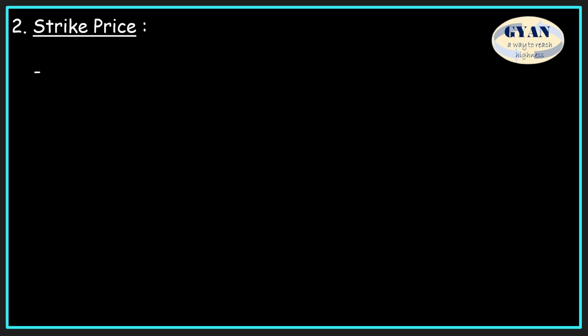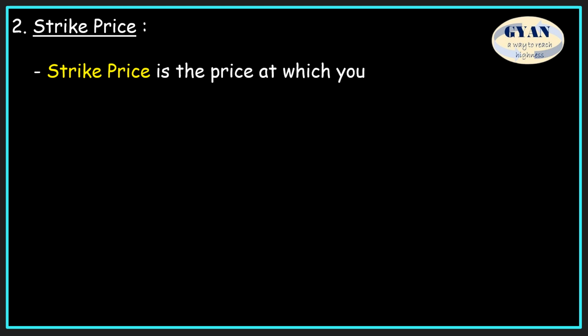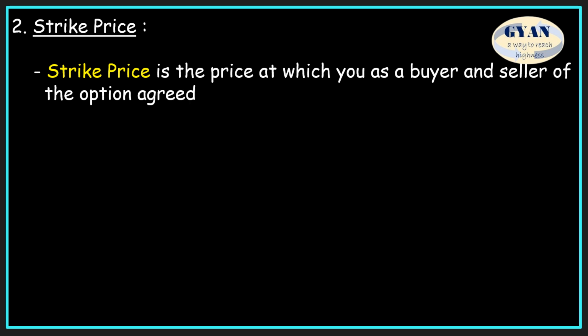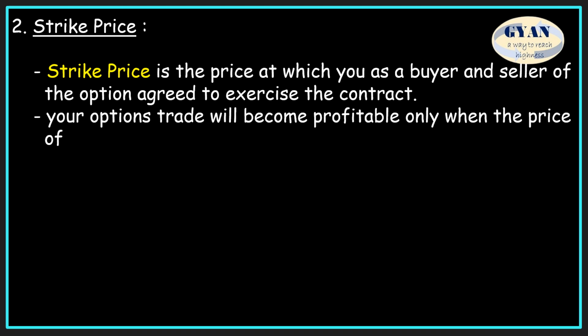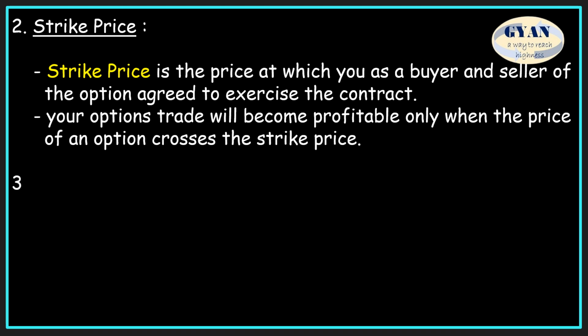2. Strike price. Strike price is the price at which you, as a buyer and seller of the option, agreed to exercise the contract. Your options trade will become profitable only when the price of an option crosses the strike price. 3. Open interest (OI).